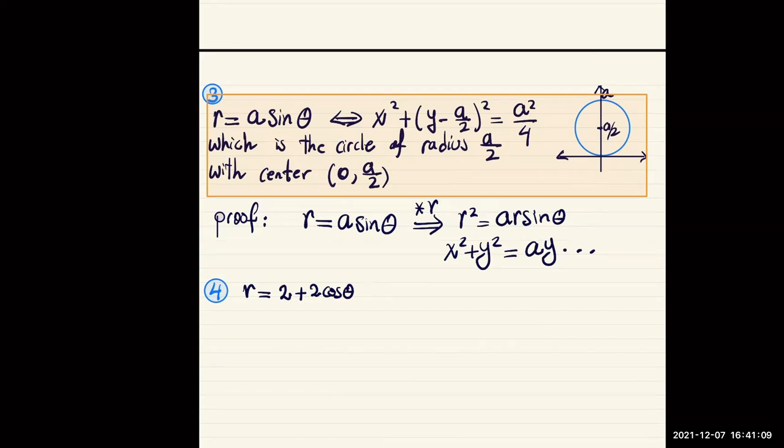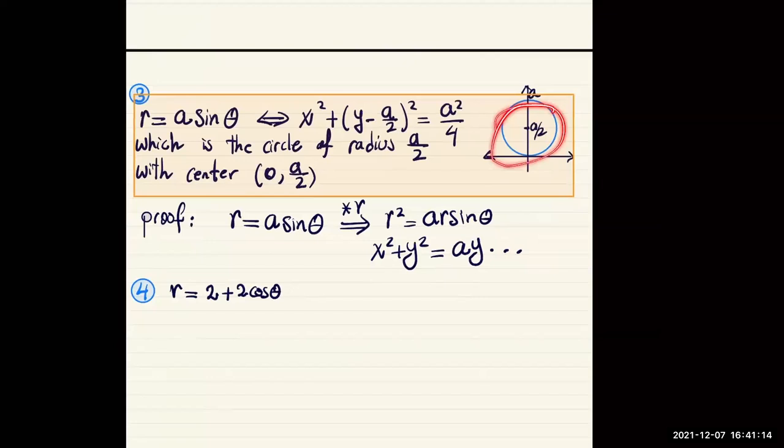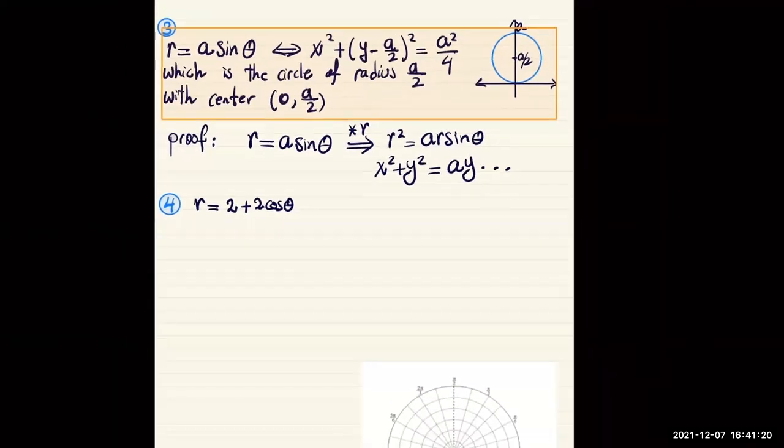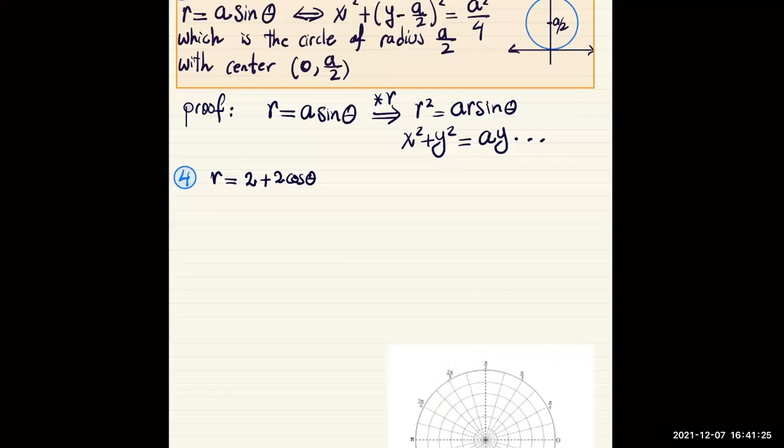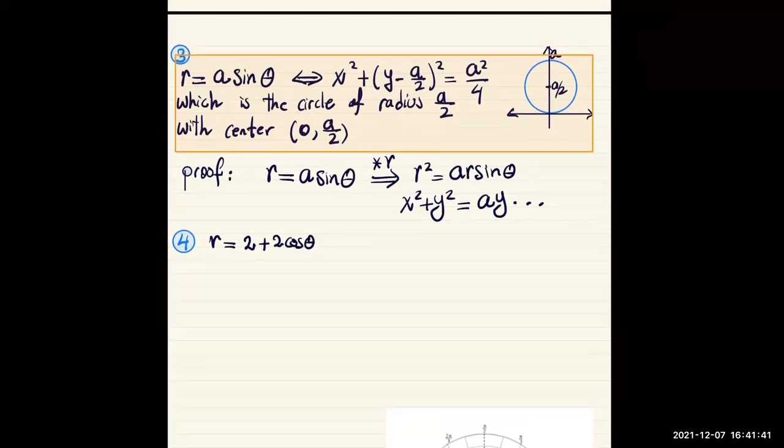A single equation, unlike parametric equations, that gives you graphs that don't pass the vertical line test. You know, r equal to 2 plus 2 cosine theta. So here we're going to actually plot points, guys, because trying to convert this from polar to Cartesian by what we did previously is not easy.